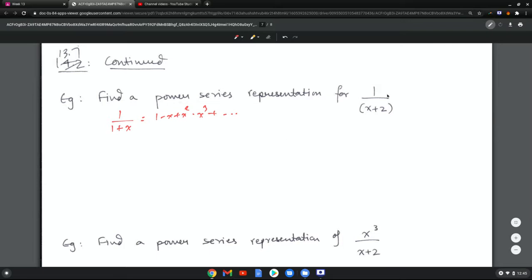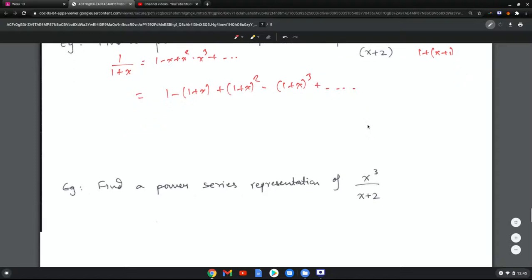So you can think of this as 1 over 1 plus x plus 1, which means this would be 1 minus 1 plus x, 1 plus x squared, 1 plus x cubed, and so on. So these are little tricks. It's more like finding a pattern and solving the problem and being able to see what to use and being really creative about how to find the power series representation.